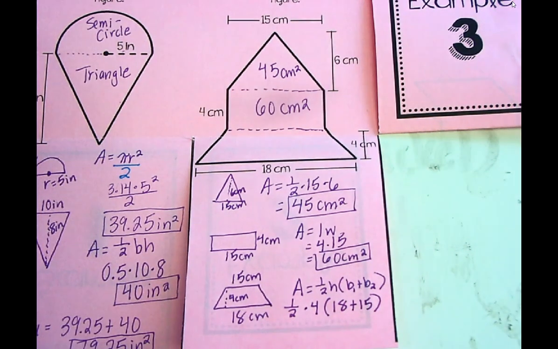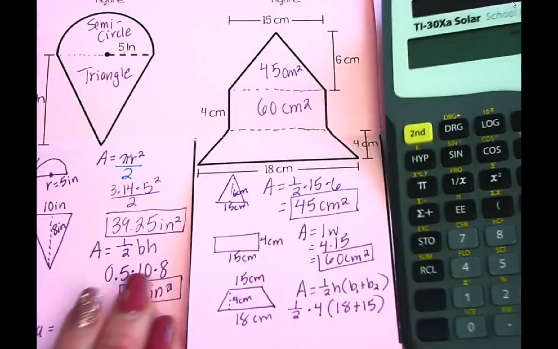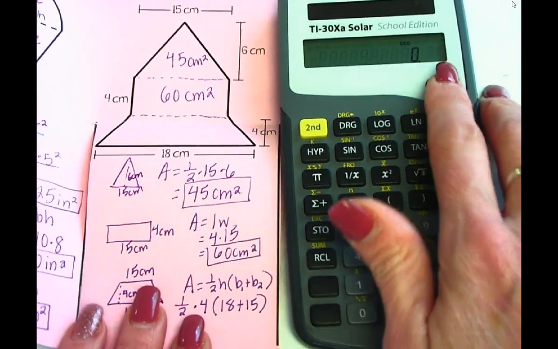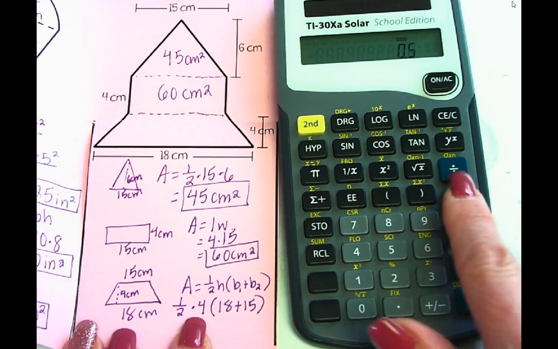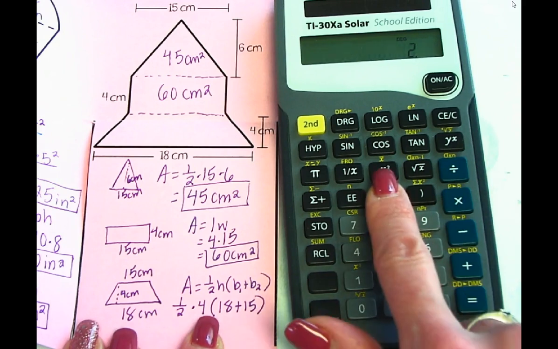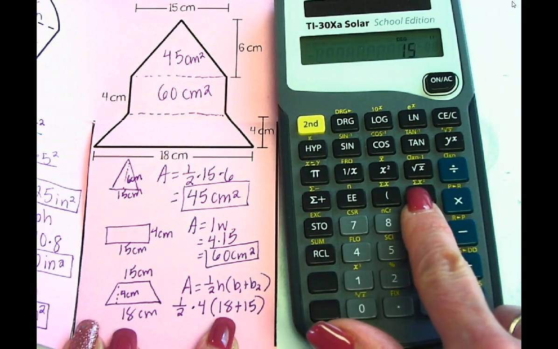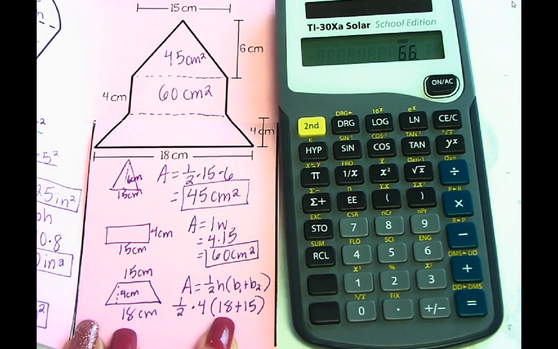Now on your calculator, you have parentheses. We have the calculator as a tool. I say use it. I would put all of that in, but do not press equal until you're done. So let me show you. Over here on my calculator, I'm going to move this over a little bit. And I'm just going to put in 5/10 for 1/2 times 4, okay? And then watch this, times parentheses 18 plus 15, and then the right parentheses, and then I'm going to press equal, and then I have my answer.